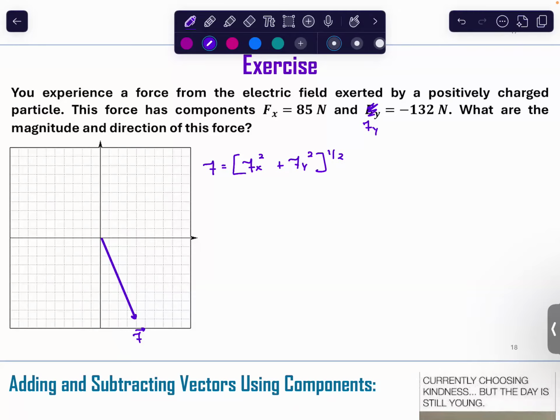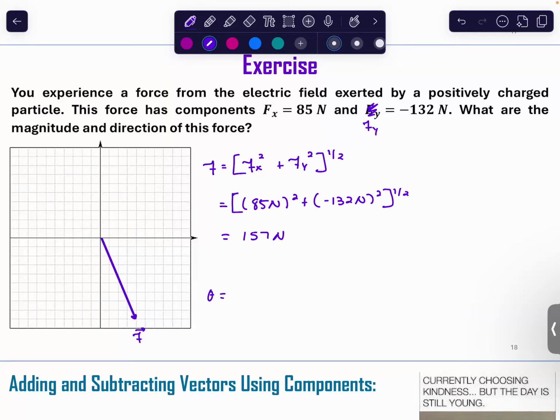So then from here, your magnitude should always come out as a positive number. So when you use your calculator, you should get about 157 newtons.